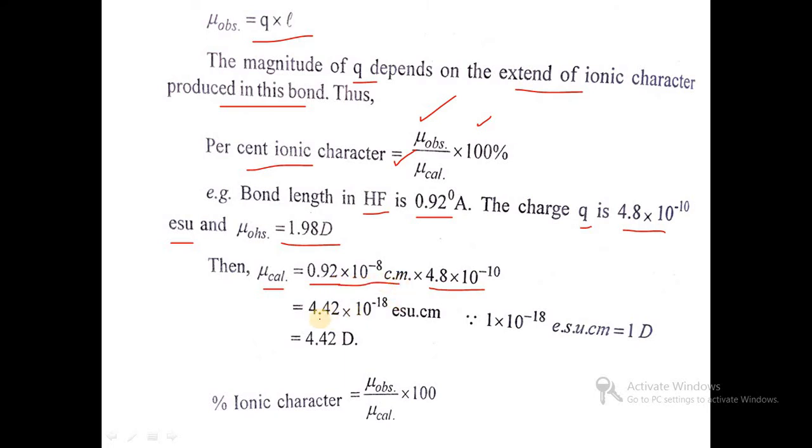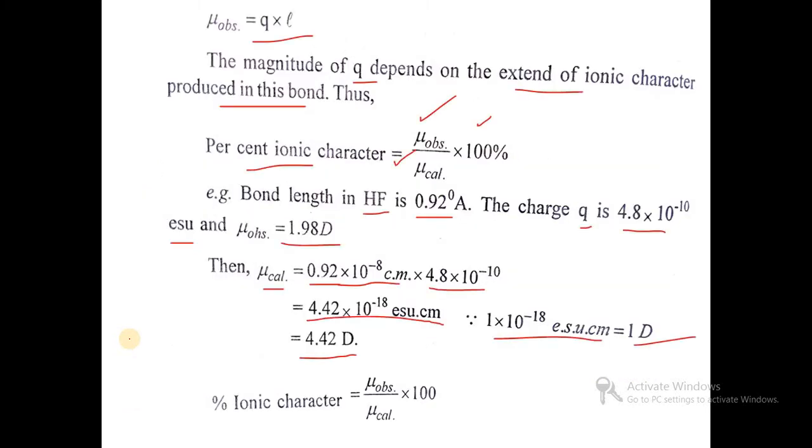After multiplication we get 4.42 into 10 to the minus 18 electrostatic unit centimeter, but 1 into 10 to the minus 18 ESU centimeter is equal to 1 D. So the overall value is 4.42 D, which is the calculated dipole moment for HF.